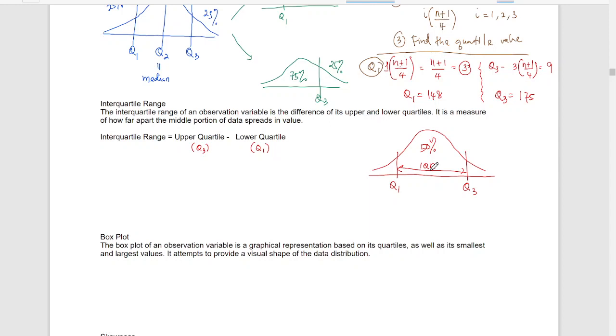This is the part we call the 50% of the main body for a data set.